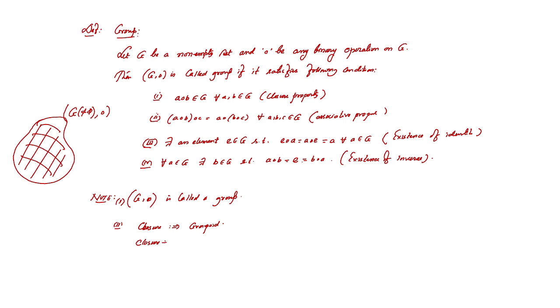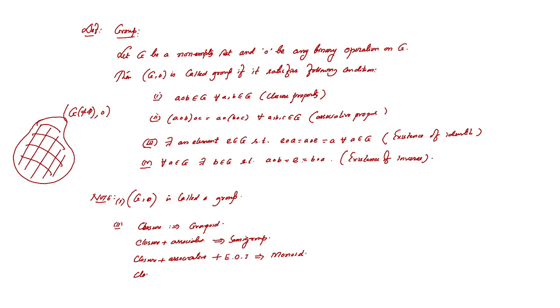Closure plus associative implies semigroup. Closure plus associative plus existence of identity implies monoid.